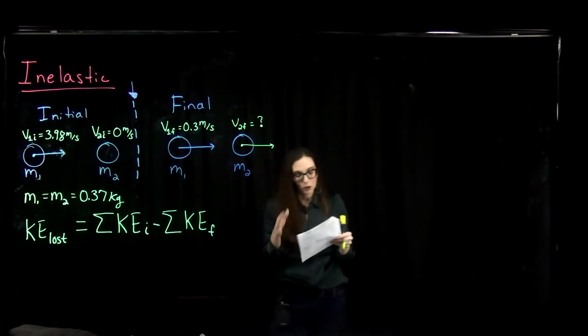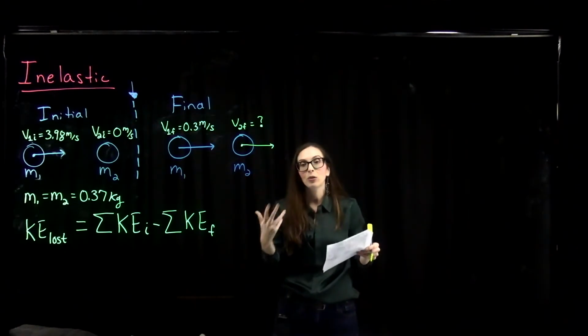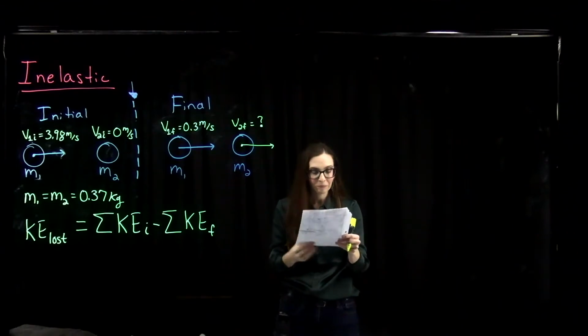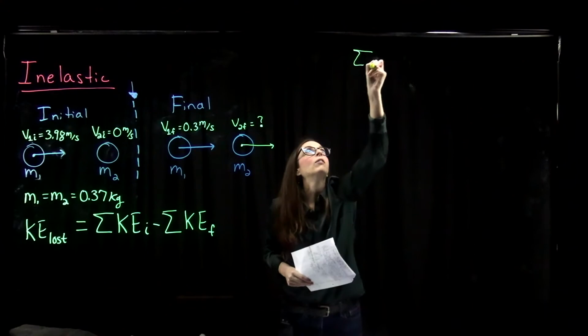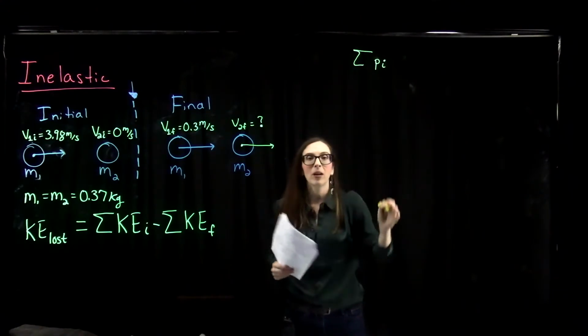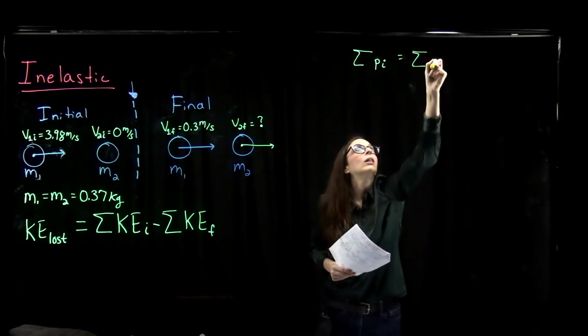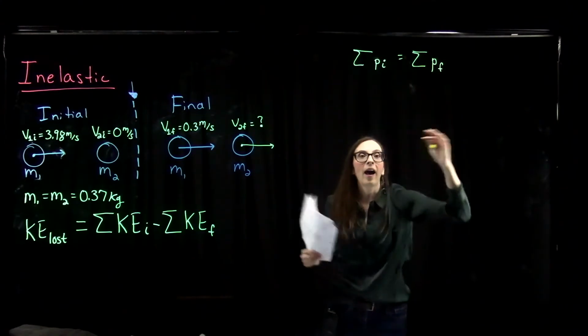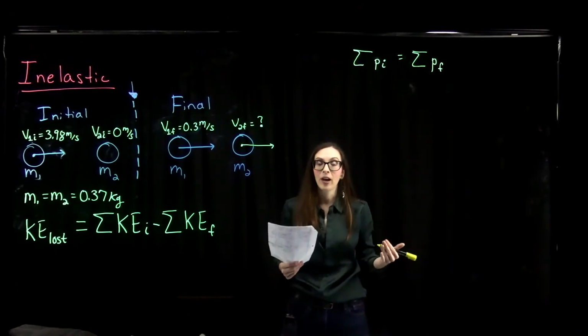All right, so to find that velocity of my second mass after the collision, we have to use conservation of momentum. And conservation of momentum says that the sum of all the momentum in my system before the collision equals the sum of all of the momentum after the collision. Now, momentum was mass times velocity.